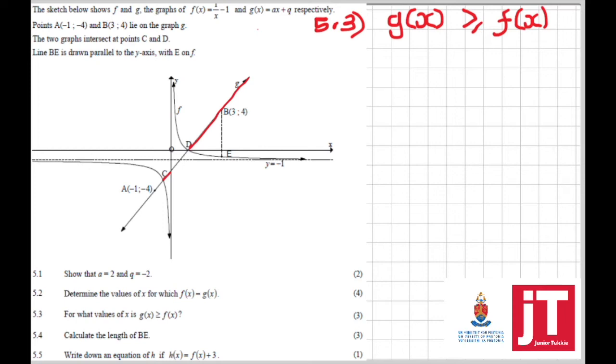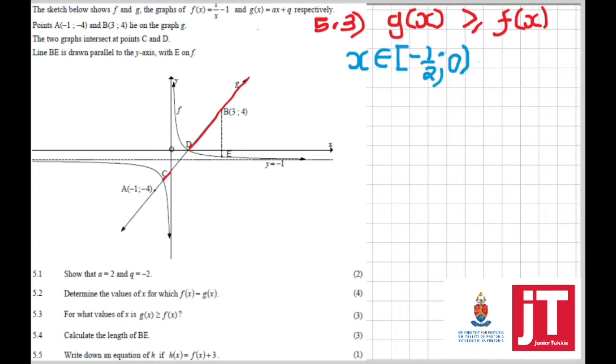So those are the two regions for which the straight line is above the hyperbola. Now we just need to find what corresponding x values we've got for those two regions. The first one, we're going to say x is an element of minus half up to 0. We know that the value of x ranges from minus half.